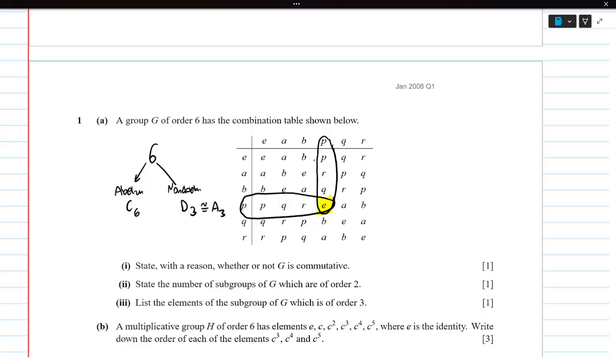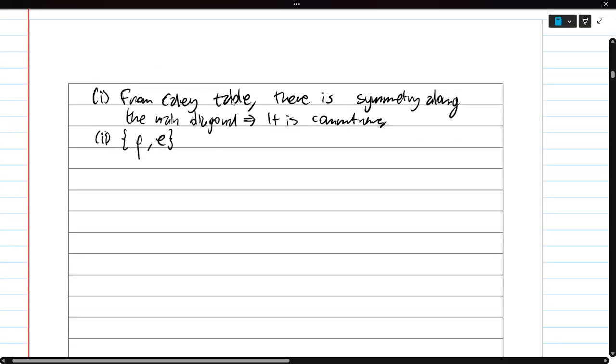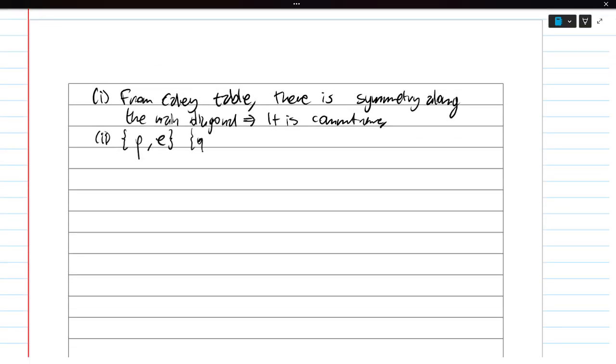No, that's a P. Sorry, P squared is equal to E. That means P has order 2. Q also has order 2, and the same with R. So P, Q, and R.